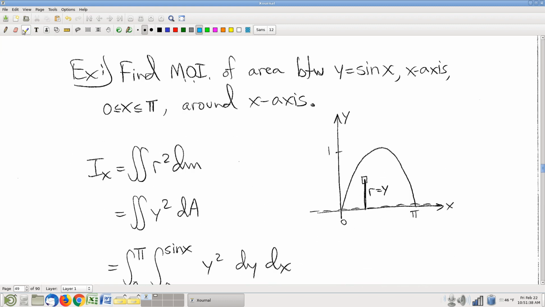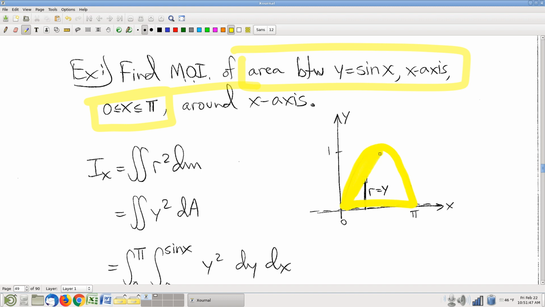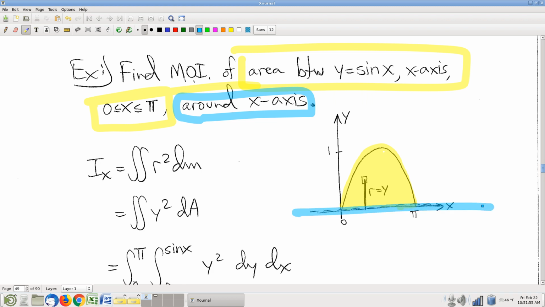Quick example. Suppose you have this region here, and you want to compute the moment of inertia as that rotates around the x-axis. Well, there's your picture.